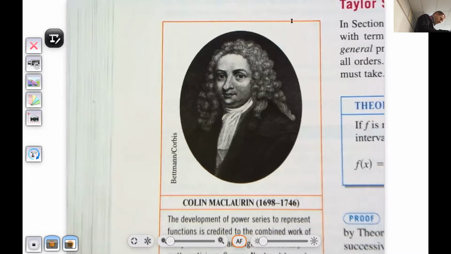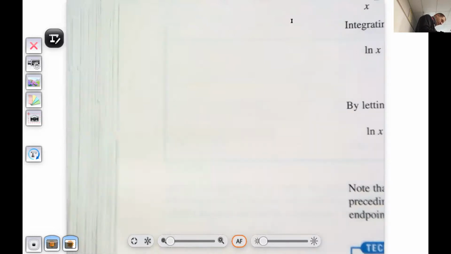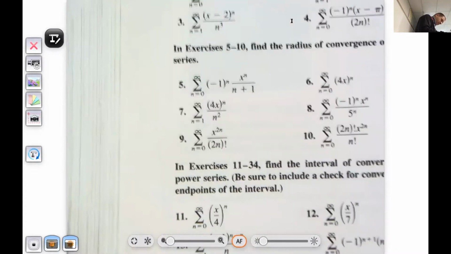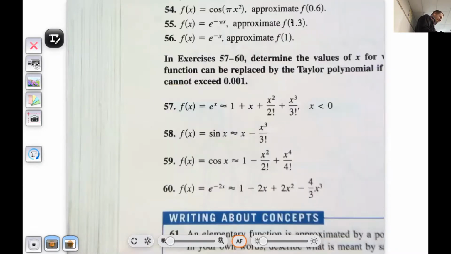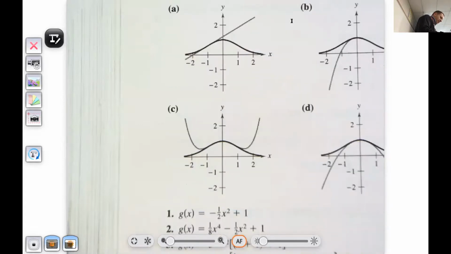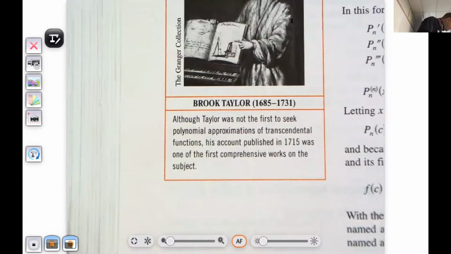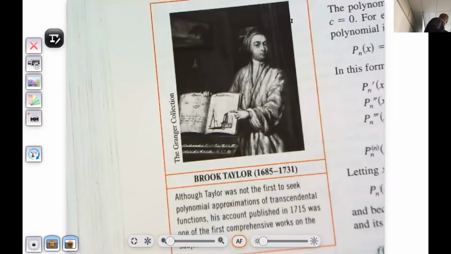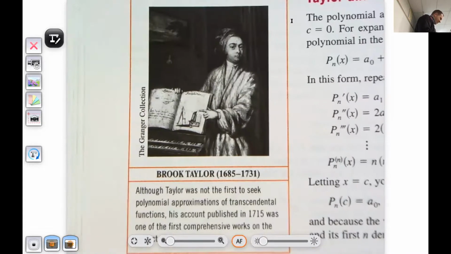There's Taylor. Maybe there was a picture of Taylor earlier. You found him? Oh, he's got a scowl. He doesn't look happy. What's this guy? Is that the same guy? It's gotta be the same guy.